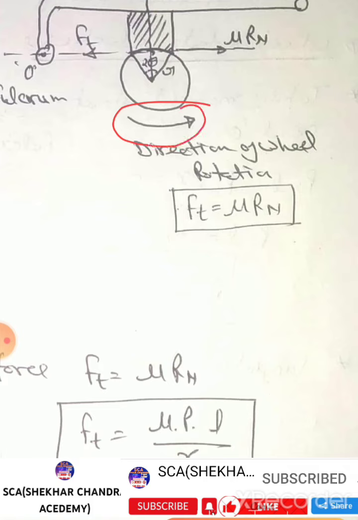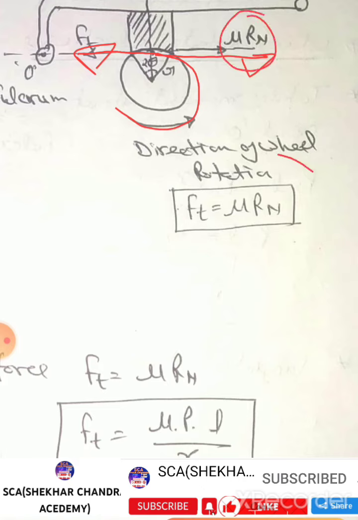The direction of rotation of wheel is anti-clockwise. So tangential force is in this direction and frictional force is opposite to tangential force direction, that is rightward, and the value is mu Rn. Note down, Ft is equal to mu Rn.